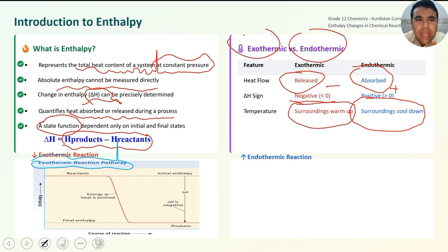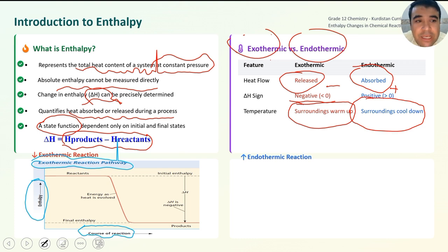In an exothermic reaction, we should know the position of reactants and product. Guys, the graph has two axes. The vertical axis represents the enthalpy change, and the horizontal axis represents the course of reaction, or we can say time. As time proceeds, what will happen to the change in enthalpy?